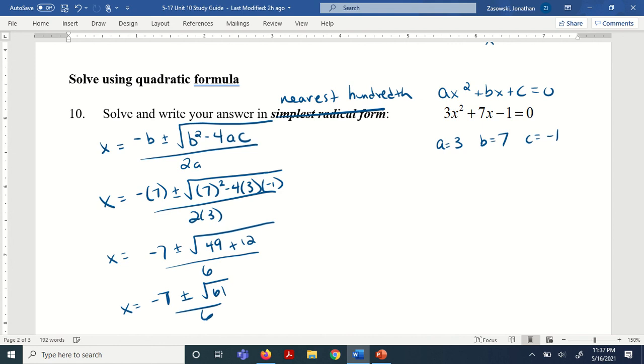And then we get two answers, a positive or a negative answer. So x equals negative 7 plus the square root of 61 over 6, or we get x is equal to negative 7 minus the square root of 61 over 6. And so we can go ahead and type this in our calculator now.